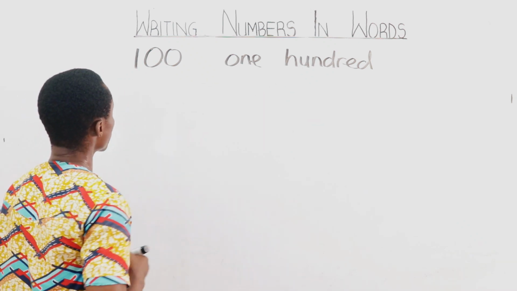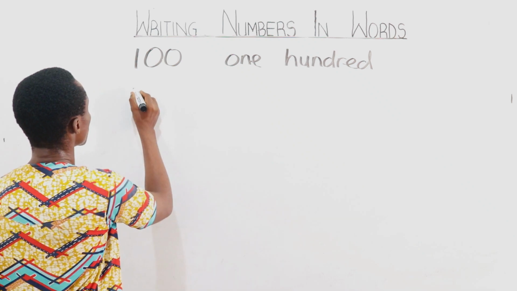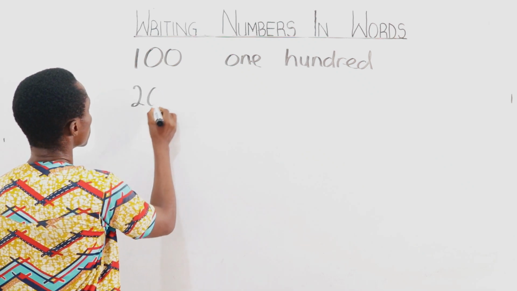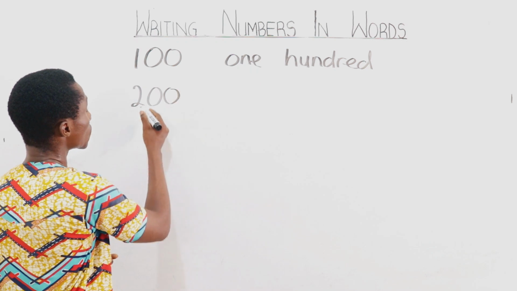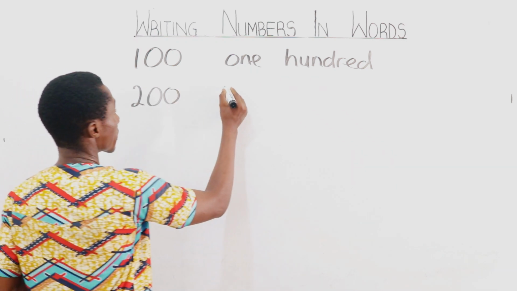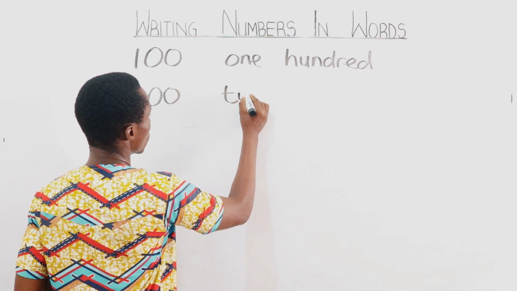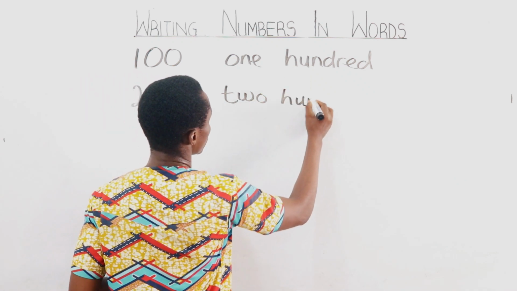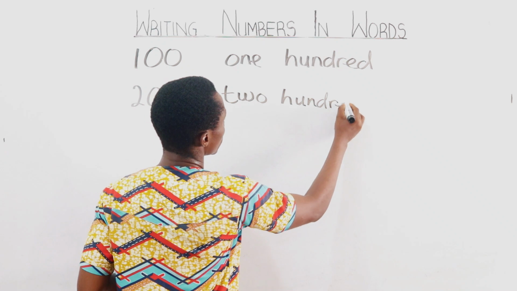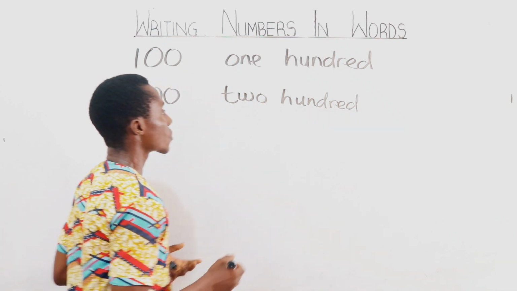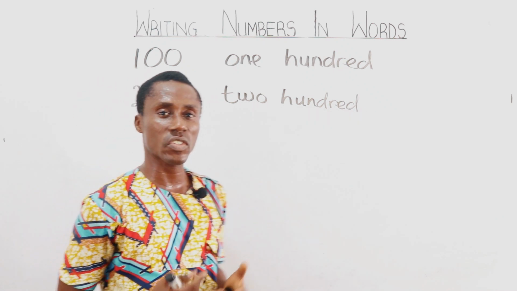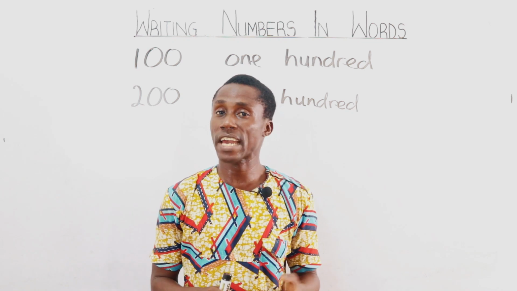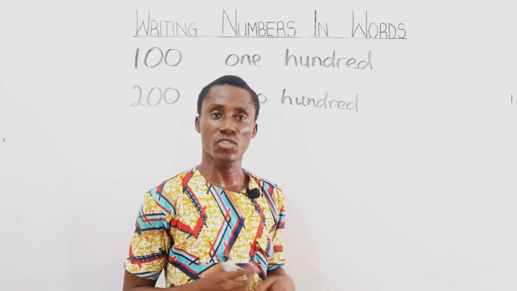The next 100 is 200, and 200 is 200. So we can follow the same way to write the rest of the hundreds.